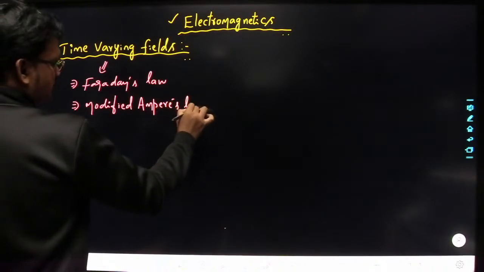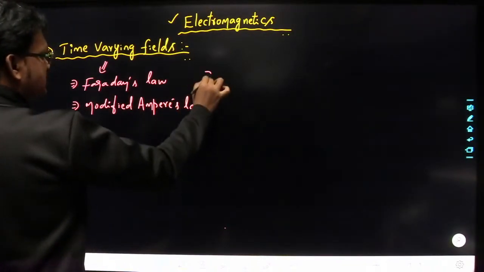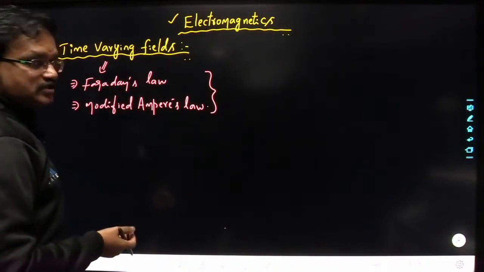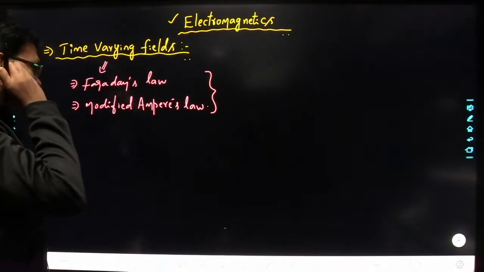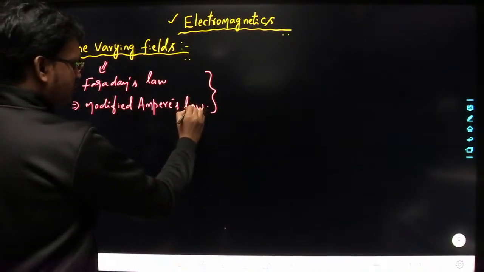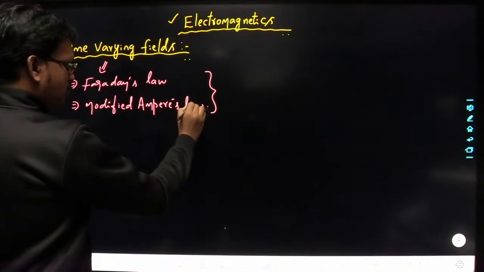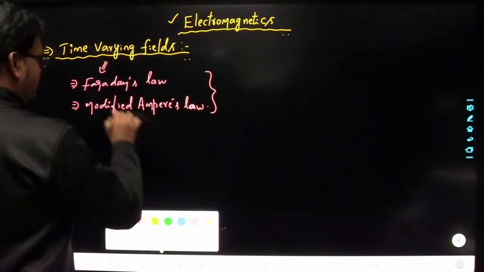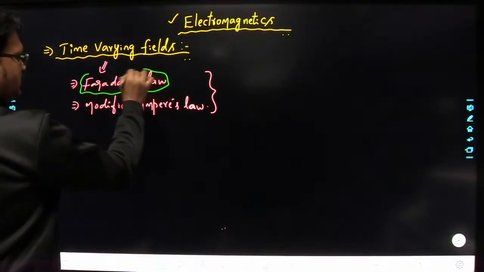These are the basic two laws which lead to the discovery of electromagnetic waves. We will see that conclusion later, once we complete these two laws, right? Today we will start with Faraday's law.